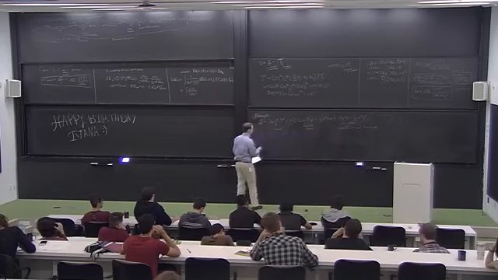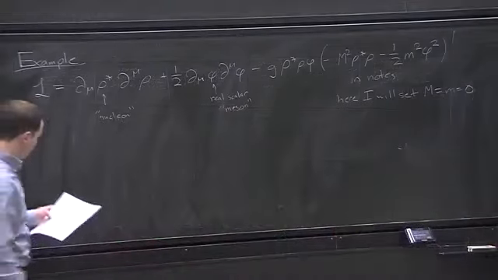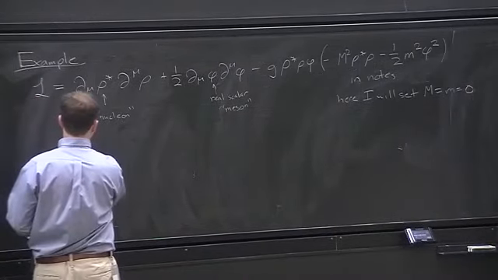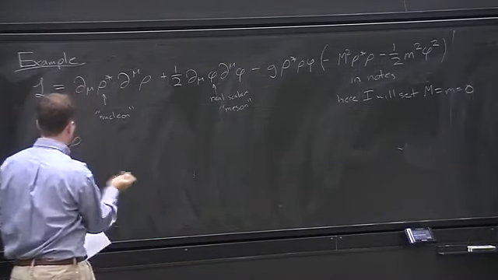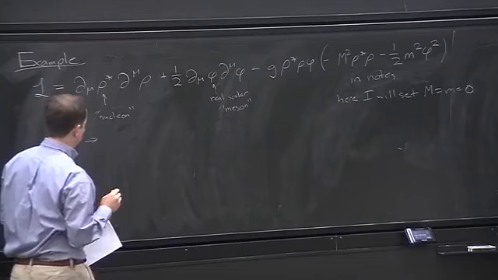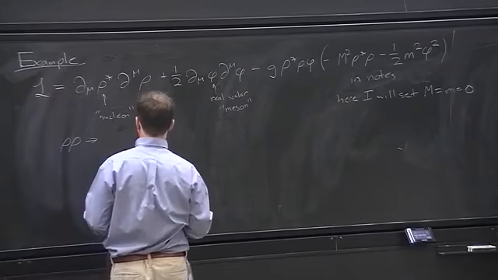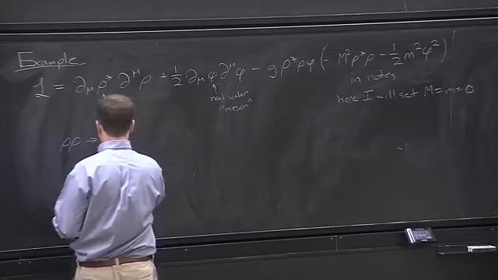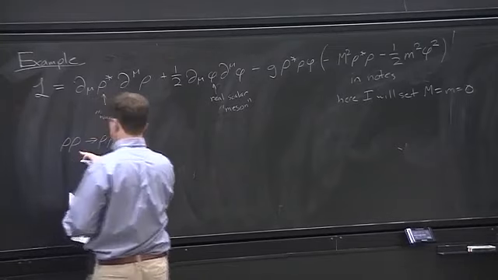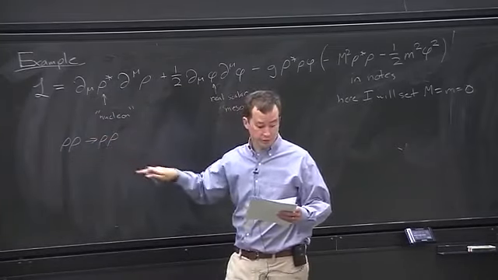Okay, so one process that can occur in this toy theory or in the real theory of interaction of nucleons with mesons is we could scatter two nucleons and get two nucleons.